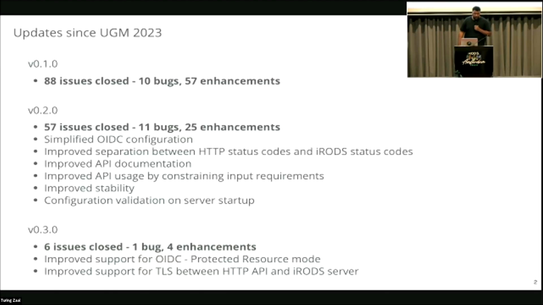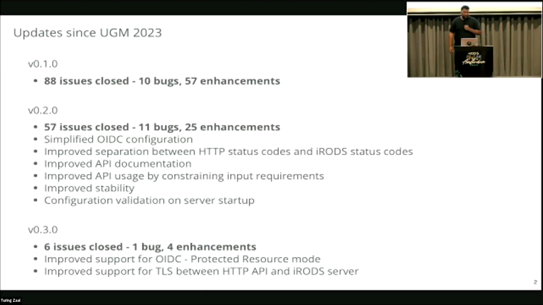For 0.3.0, we closed 6 issues. In my mind, this is primarily the OpenID Connect release because this is the one that contained the most OpenID Connect changes as far as significance. Here we fixed 1 bug, and also we resolved 4 enhancements.